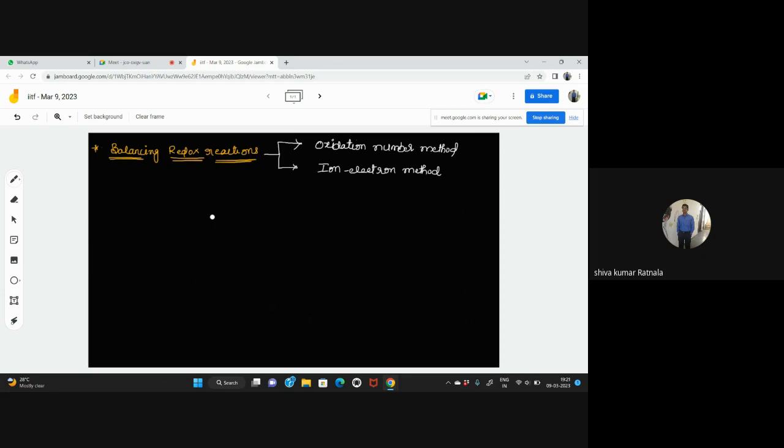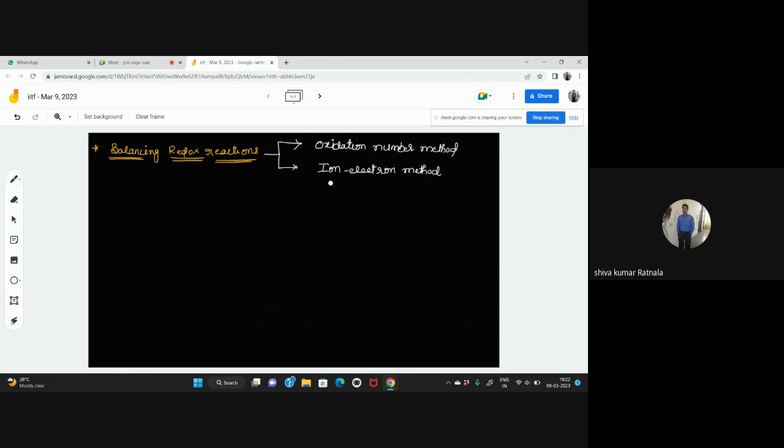How we can balance by the oxidation number method, that we are going to see right now.